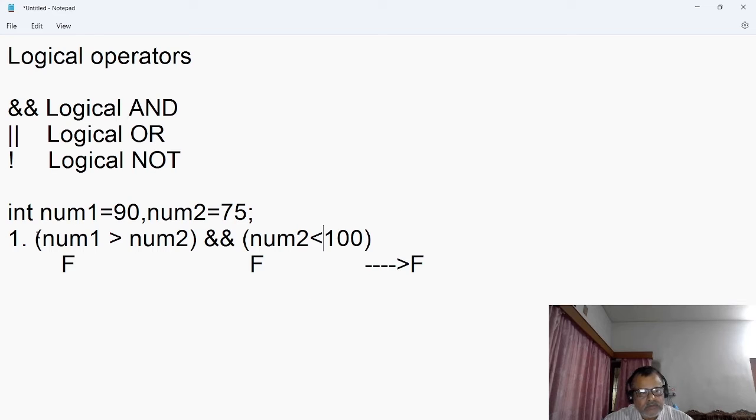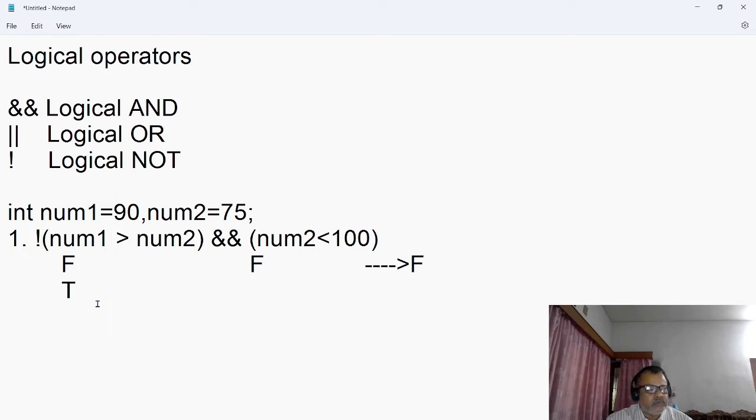Okay. If I use logical NOT here, what is this now? It was false, but due to this logical NOT, your expression will be true.